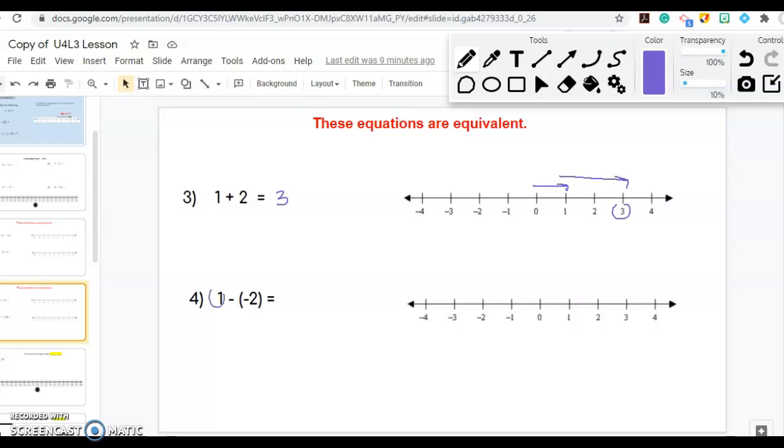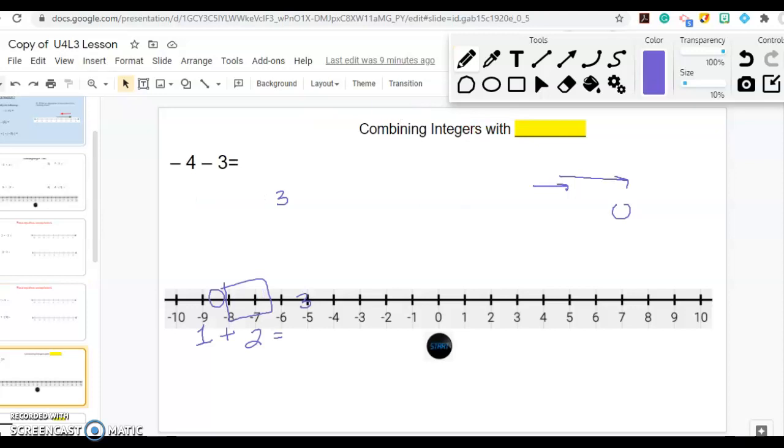So we have a positive 1 followed by, now let's look at what we have here, the opposite of negative 2, which gives us positive 2, and we have the exact same equation. 1 plus 2 is 3. I'm not even going to graph that one. We know that.